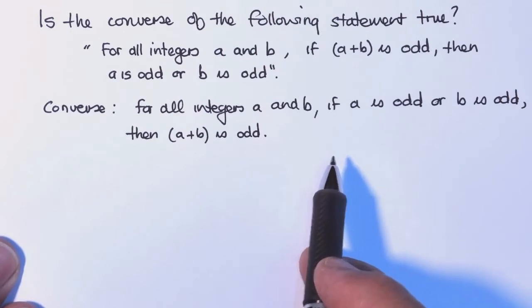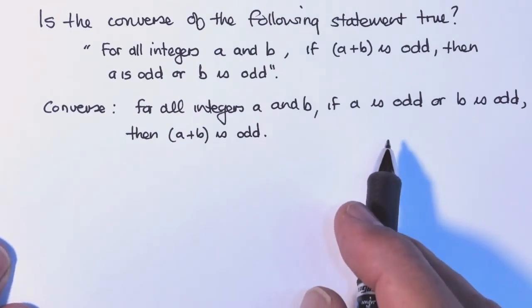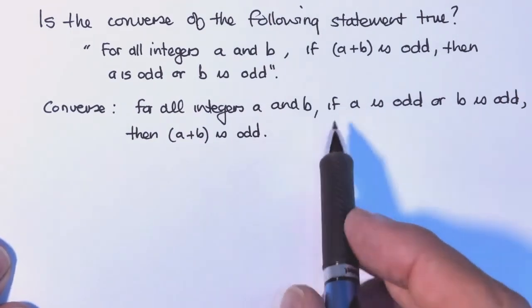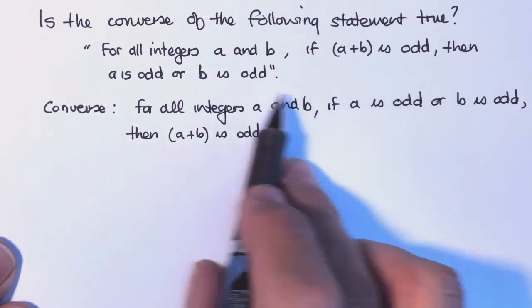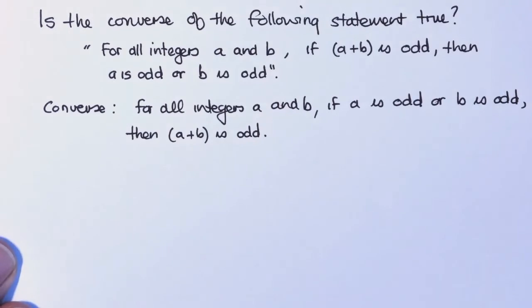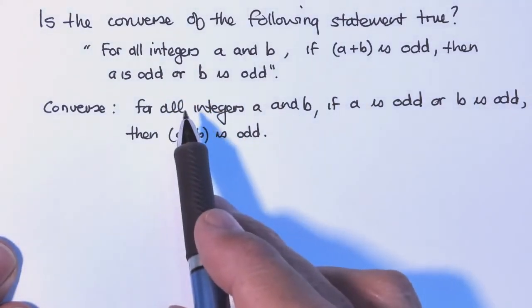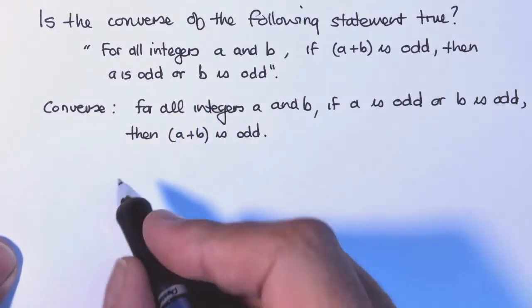Why? How do we prove that it's false? We need to prove the negation of the converse. The negation of the converse is what we need here. So let's translate what we've written here into symbols.